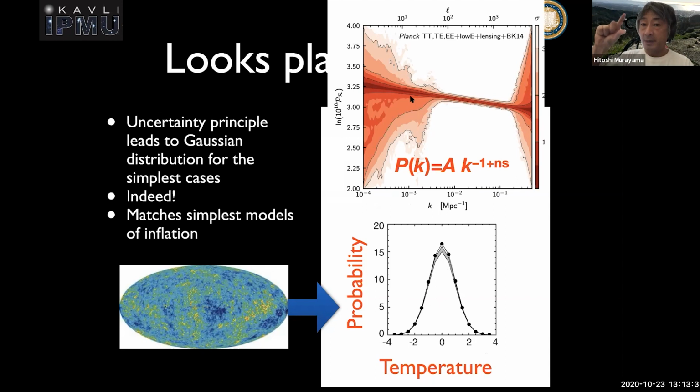So what that means is that at an earlier stage, you expect a bigger fluctuation. At a later stage, you expect slightly smaller fluctuation. So as the universe is doing inflation, the size of fluctuation starts to decrease.